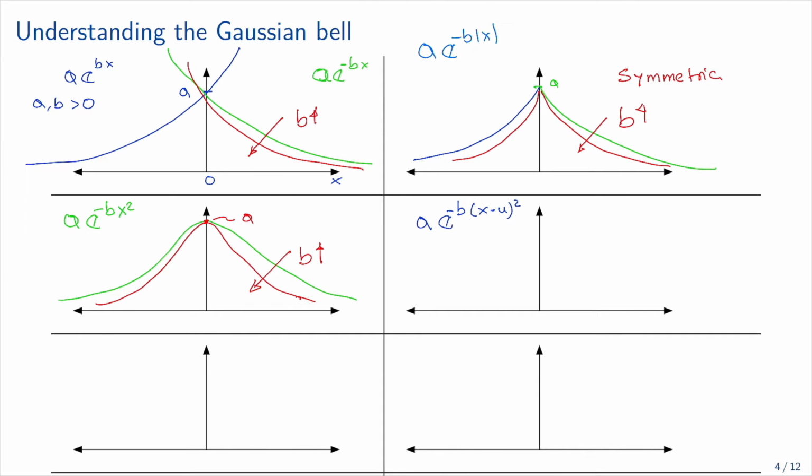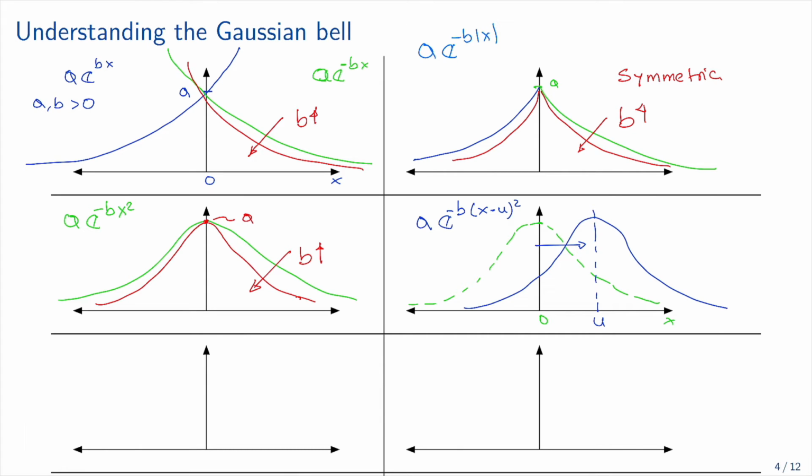If the original one was with 0, this is 0 and this is x, so we are translating the origin to the right u times. So we are translating to u. So the effect in this case is a translation, either to the right or to the left, depending on the sign of u.